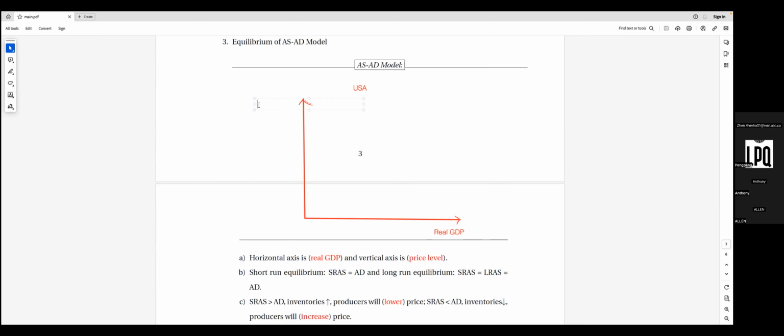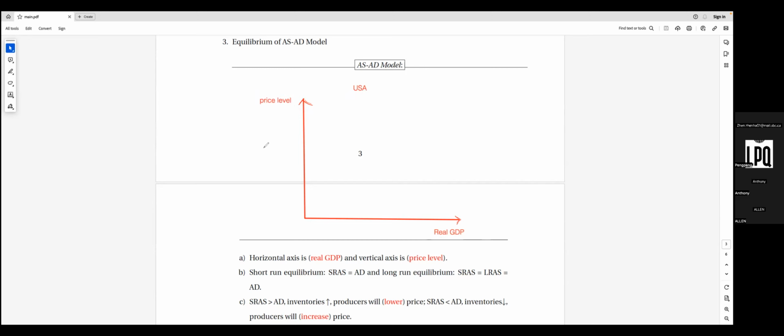And here we label the vertical axis the price level, not inflation, sorry. It's about the general, macro price level.